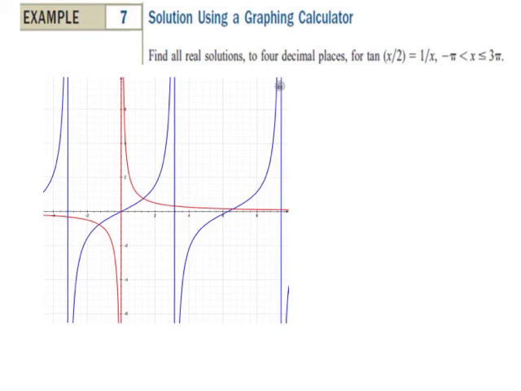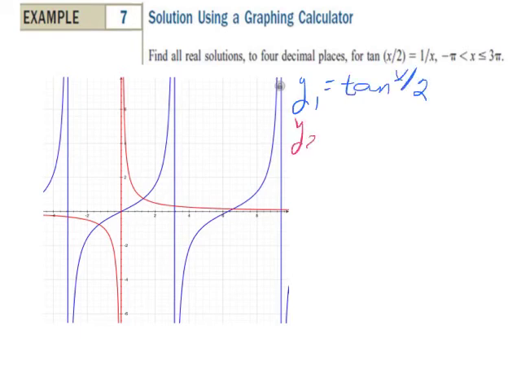Okay, again, this is going to be really simple. Just plug it in your calculator. So for y1, I put in tangent x over 2.